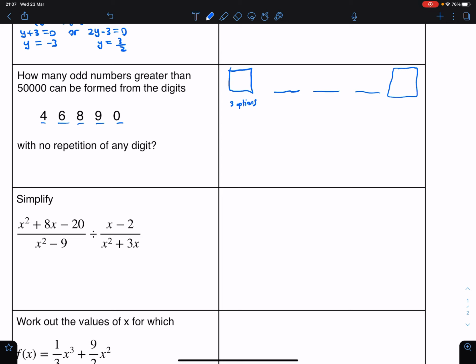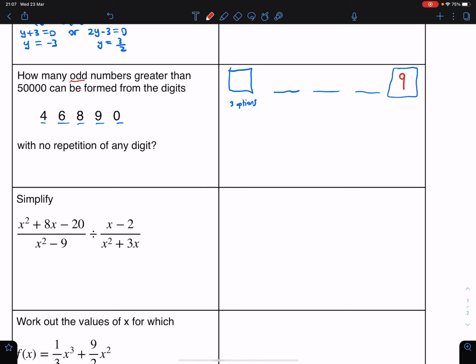So out of 4, 6, 8, 9, and 0, how many of them are odd? Well, it's just one of them. It's only the 9. So we know for a fact that this last digit has got to be a 9. There's no other option for it. Because if it ends in a 4 or a 6 or an 8 or a 0, it would be even.